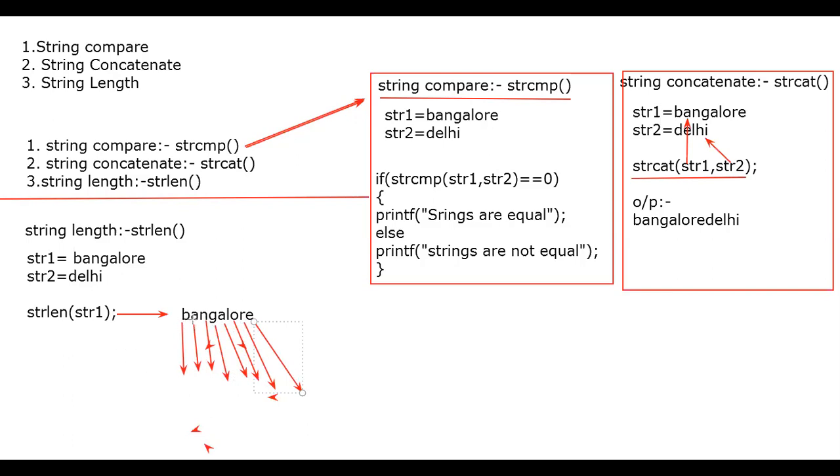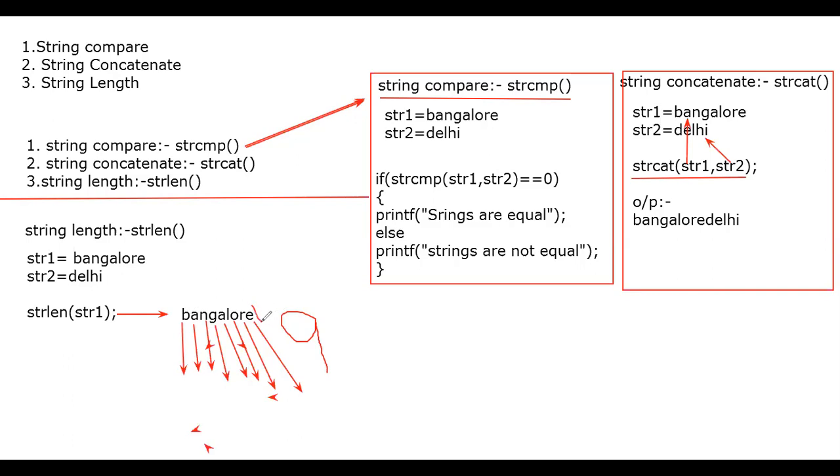Total string length is 1, 2, 3, 4, 5, 6, 7, 8, 9. Total 9. 9 is the length of string 1.